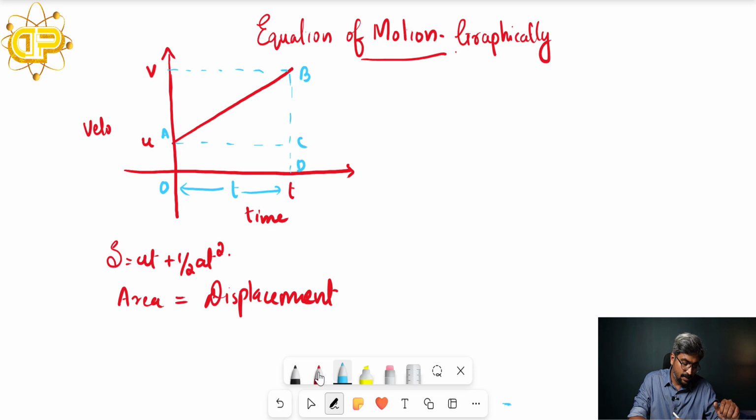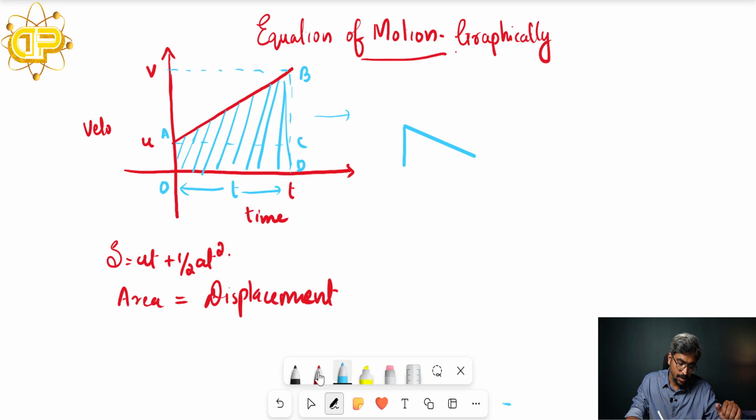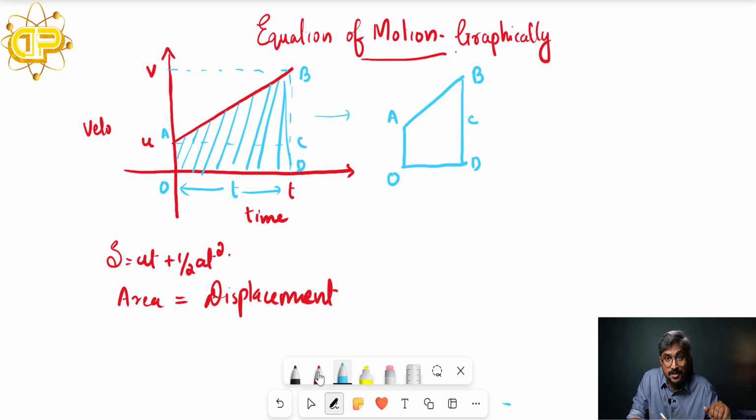The area is this shaded portion. You can see a shaded portion here. If I take this shaded portion alone, this is a trapezium, right? But here we are going to find the area by dividing this trapezium into two parts, one triangle and one rectangle.